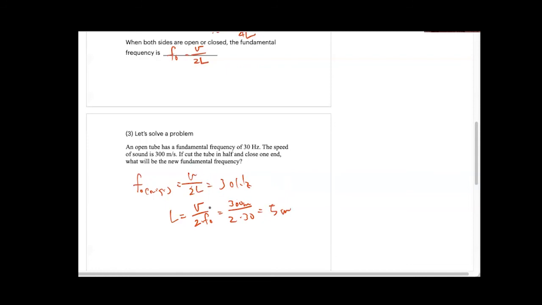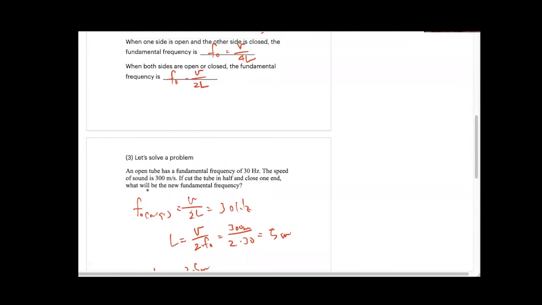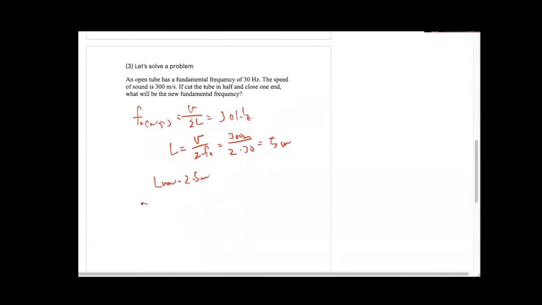And now you cut it in half. So the new L is going to be 2.5 meters. And now you only close the one end. So the new way to calculate the fundamental frequency is going to be this one. F0 equals V divided by 4L instead of 2L.